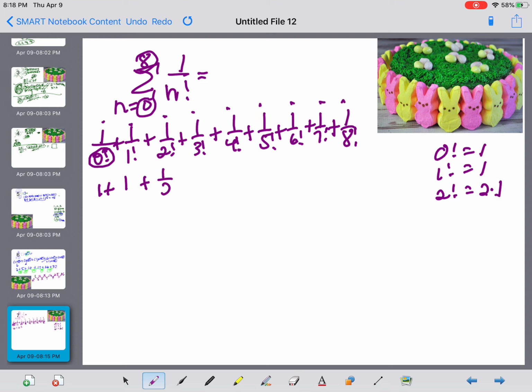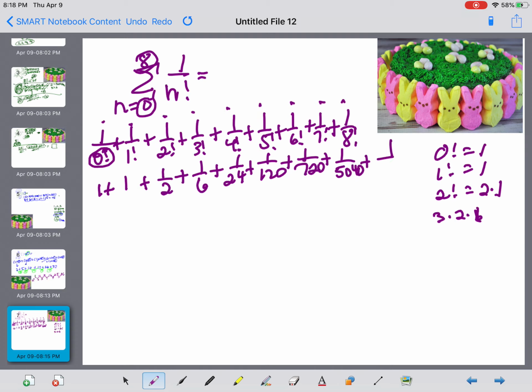This is 1 over 2 factorial, which is 2 times 1, which is 2. 3 factorial is 6. 3 times 2 times 1 is 6. 4 factorial is 24. 5 factorial is 120. 6 factorial is 720, and that's as high as I know. 7 factorial I could put in my calculator, and I get 5040. And 8 factorial is 40,320.